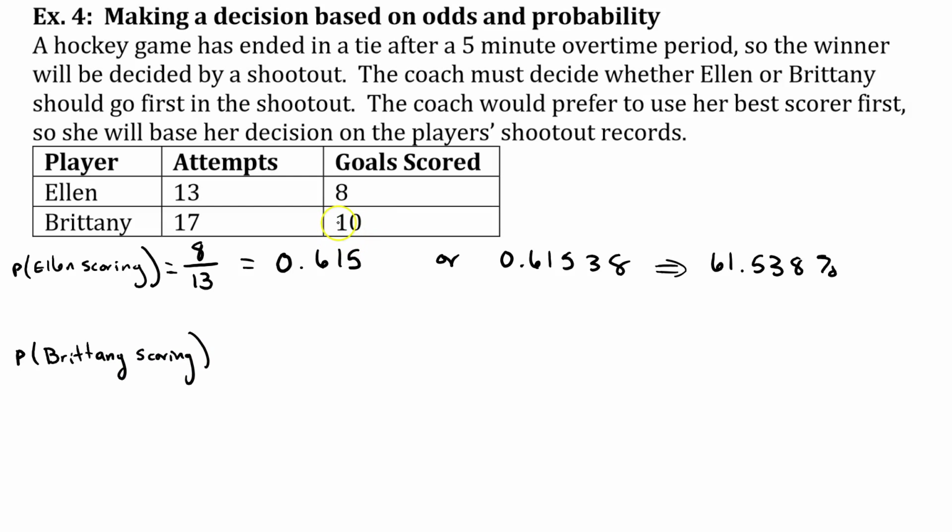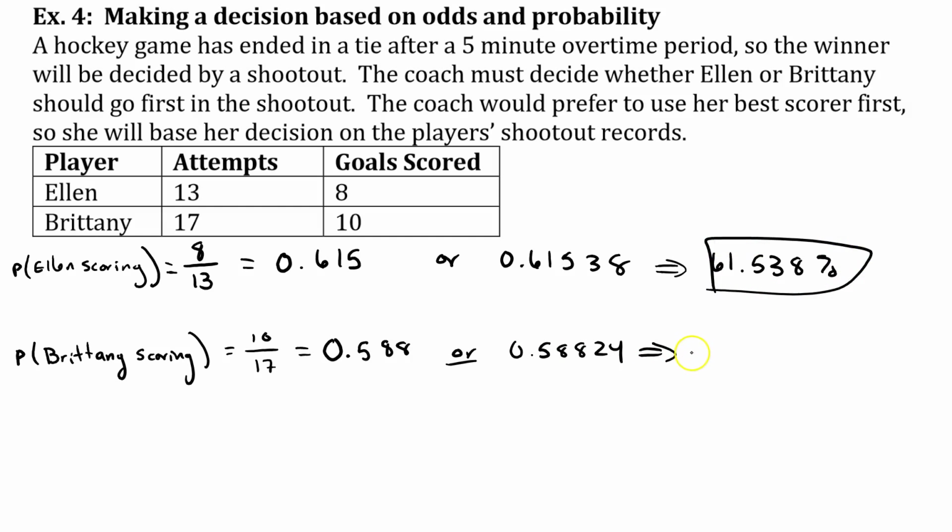Well, 10 goals have been scored out of 17 attempts on goal. So as a decimal, that is 0.588, or we can use the decimal 0.58824. That results in a final answer. I'm just going to block off the final answers of 58.824%.